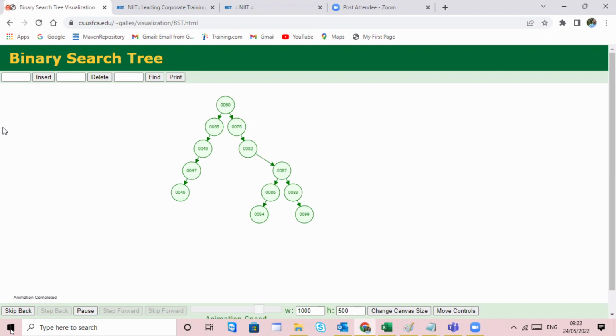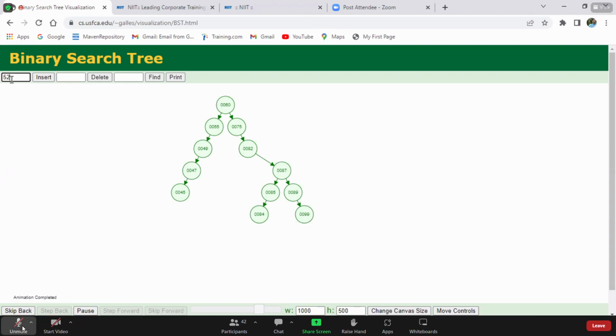My new value is 52. Think and explain to me. Right of 49? 55? Right of 49. It should not be right of 55, am I right? Left of 55. Left of 55, sir.